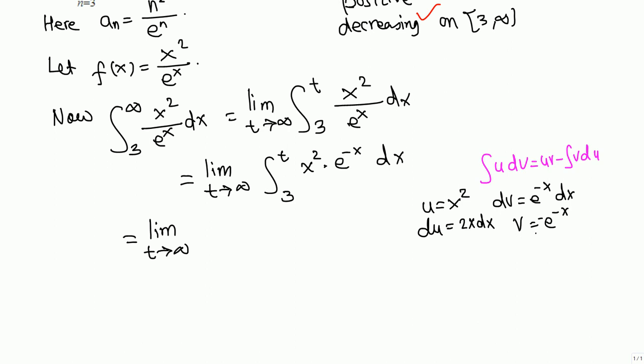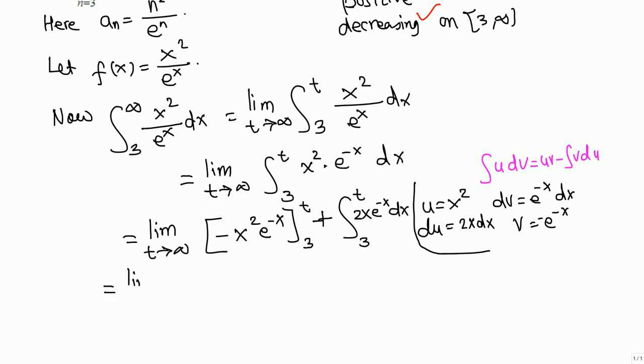Then uv is x squared times negative e to the negative x, so negative x squared e to the negative x, from 3 through t, minus the integral from 3 through t of v du. Since v is negative, this becomes positive: 2x e to the negative x dx.